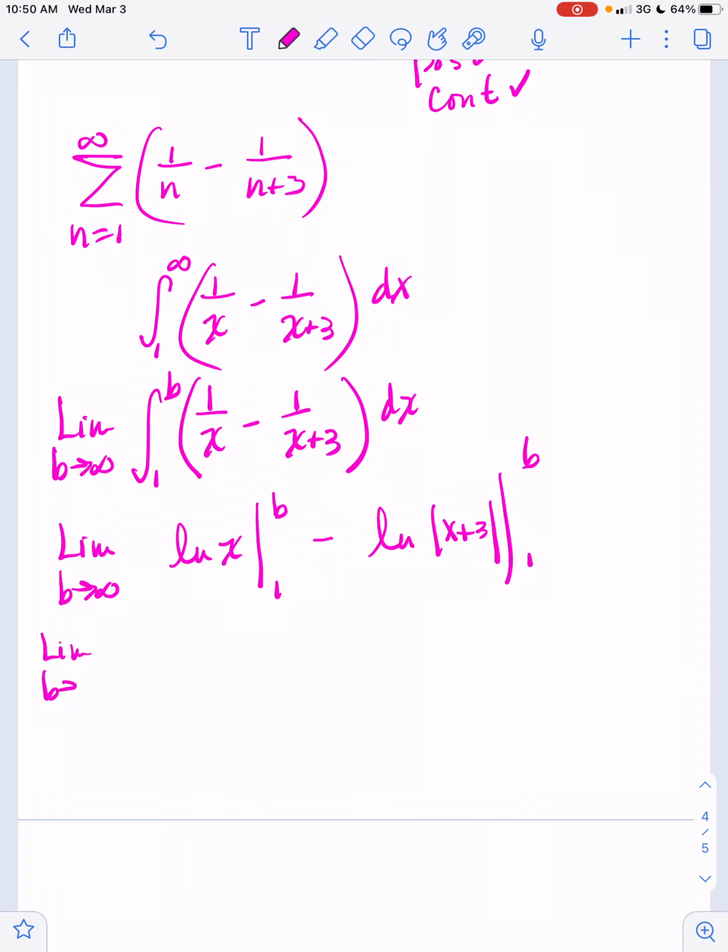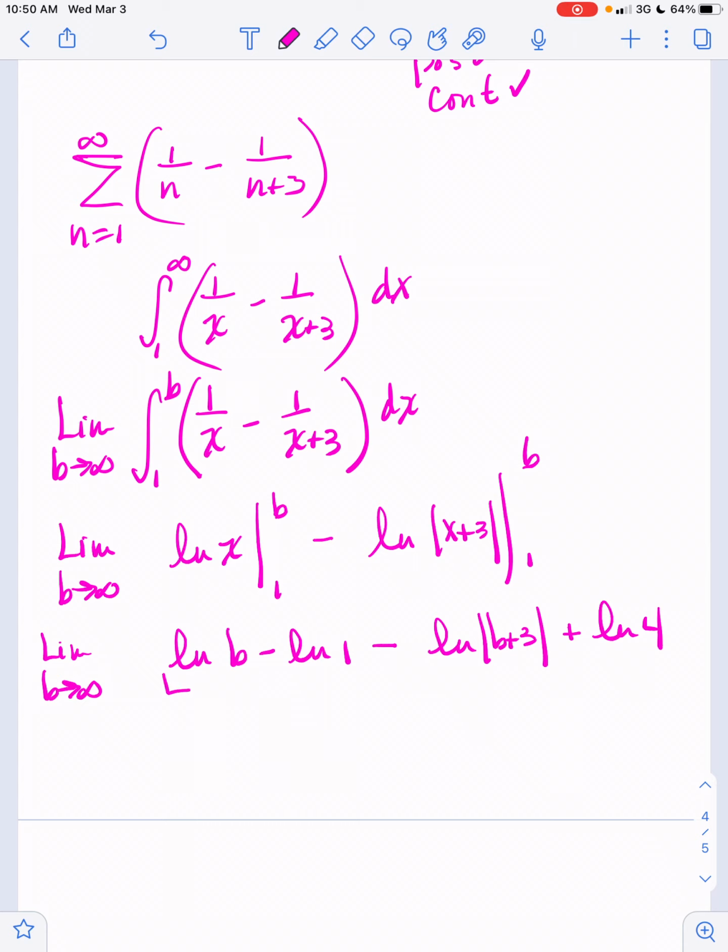So I'm going to ln of b minus ln of 1 minus ln of b plus 3 minus the negative, so that makes plus ln 4.